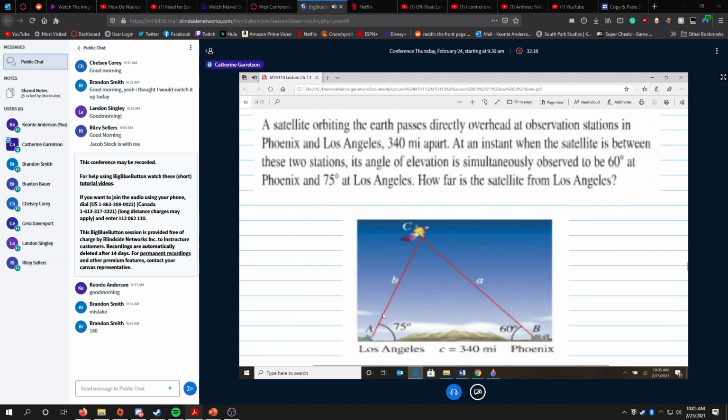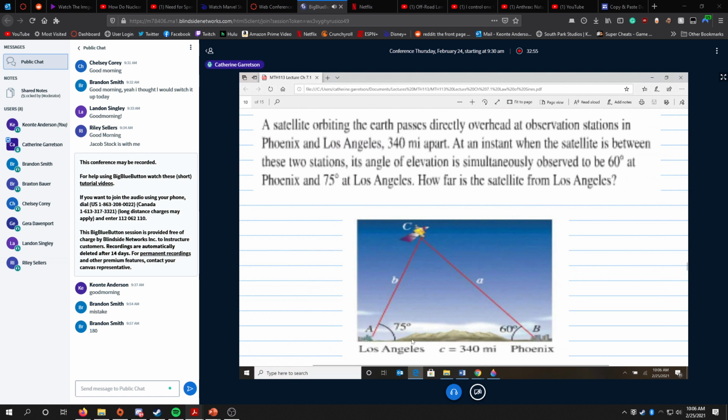This is an angle of elevation. It is observed simultaneously, so at the same time. It's 60 degrees from the horizontal in Phoenix, but 75 degrees in Los Angeles. From that information, they can figure out the distance the satellite is from Los Angeles, and the distance the satellite is from Phoenix, using the law of sines.